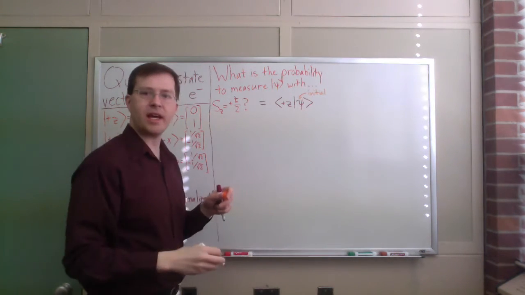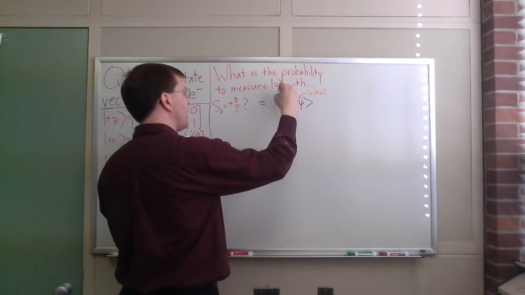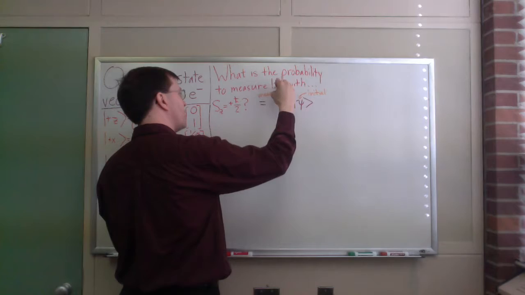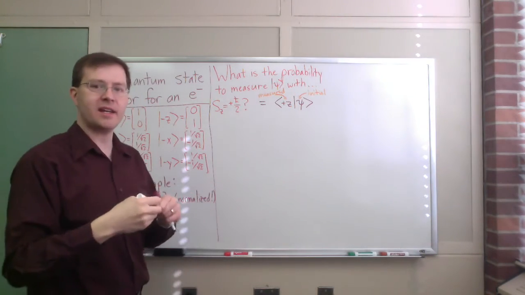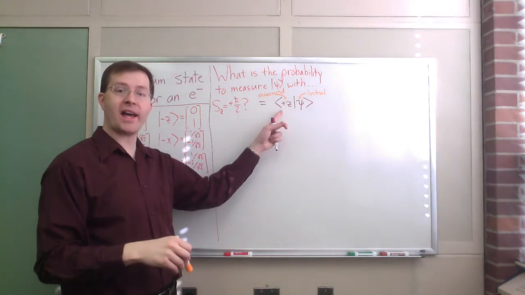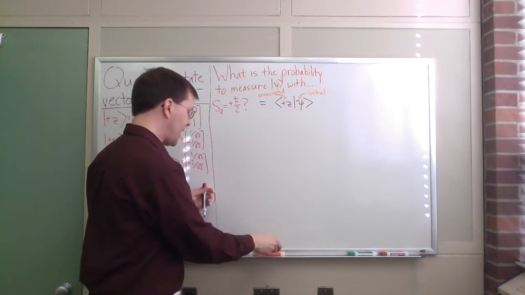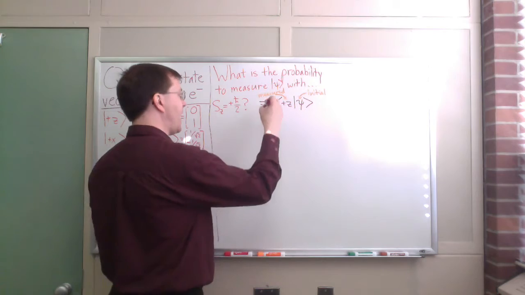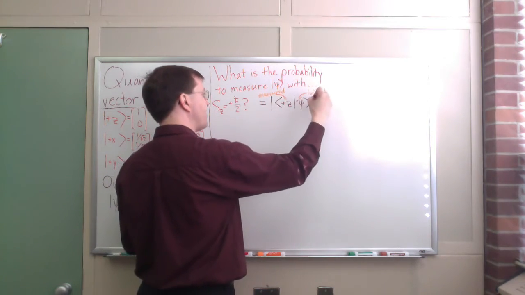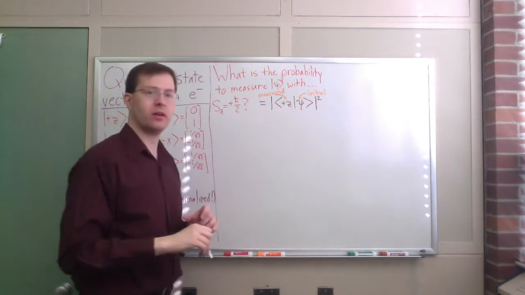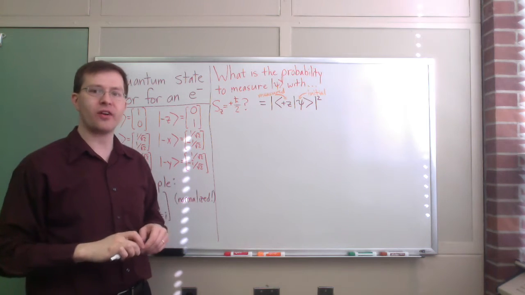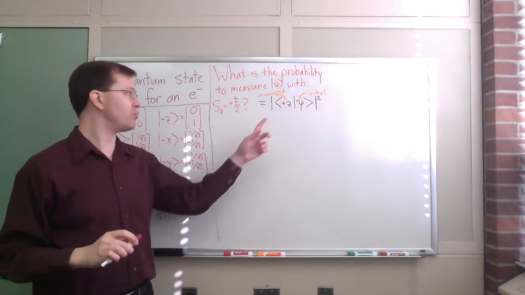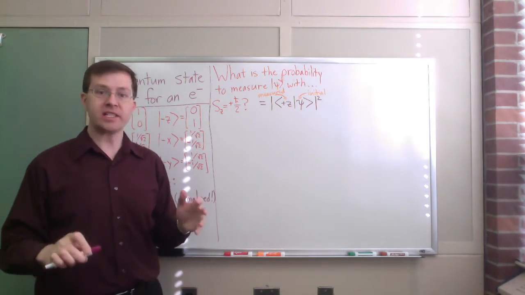Here's my initial state, and here is my measured state. So the ket tells me where I start, the bra asks a question. And then, to get a probability, I have to do one more step: I have to take the complex absolute value squared of that bracket of plus z with psi. All right, let's see how this works out.